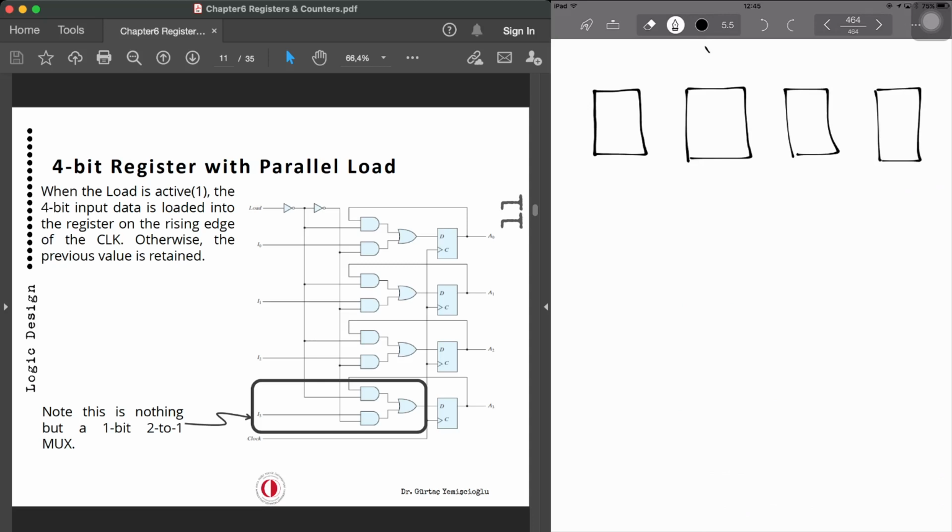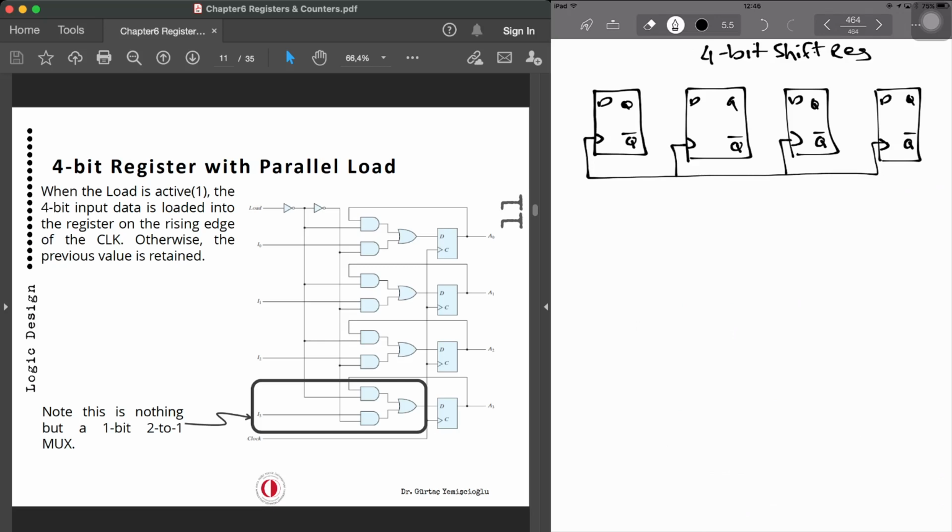Okay, so 4-bit shift register. Now, a 4-bit shift register is nothing but D-type flip-flops. D, Q, Q bar, D, Q, Q bar. The clock is common again.